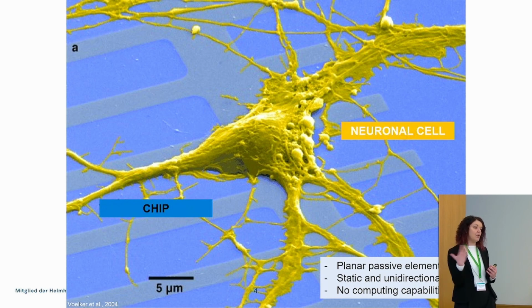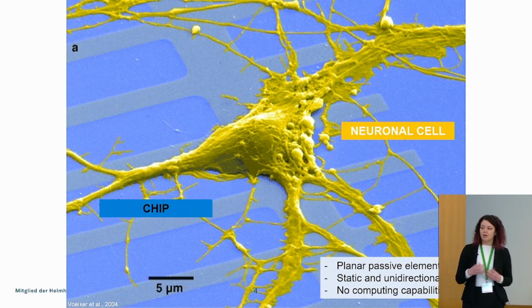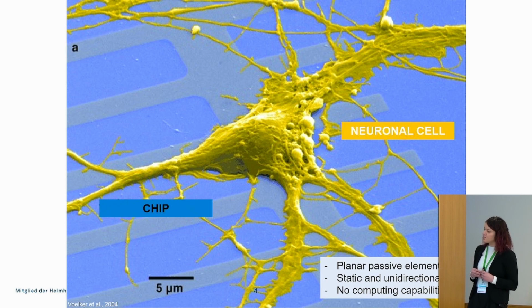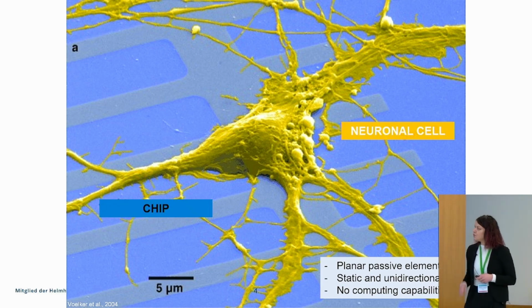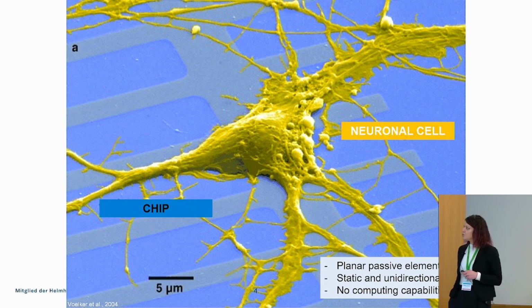This is where the action potential can be effectively transmitted from one cell to the other, and then propagated through a large neuronal network. And so the main point that we try to look at is to resemble synaptic plasticity.